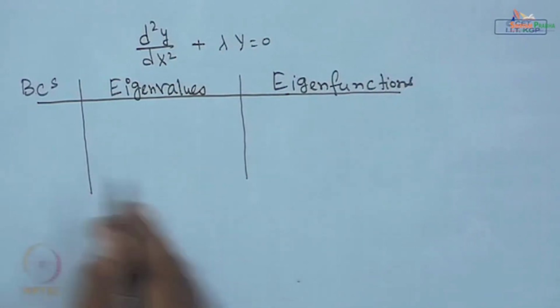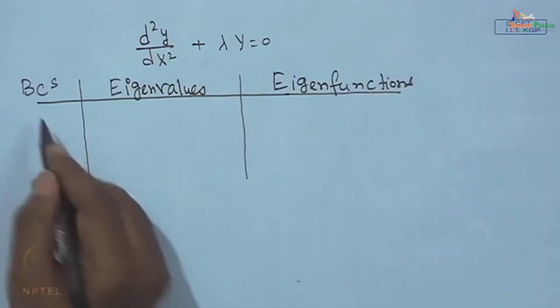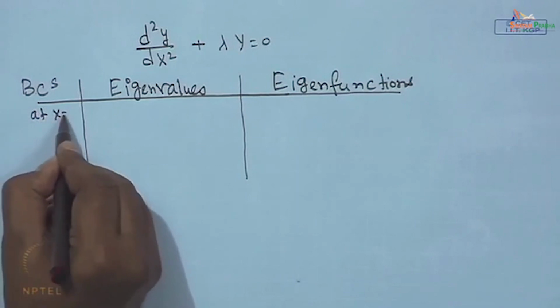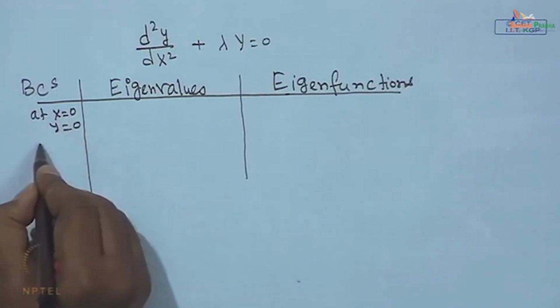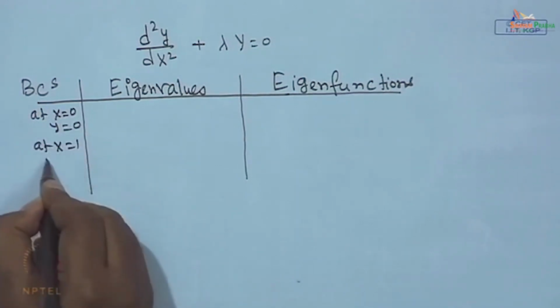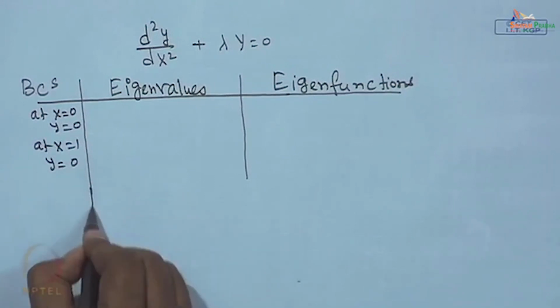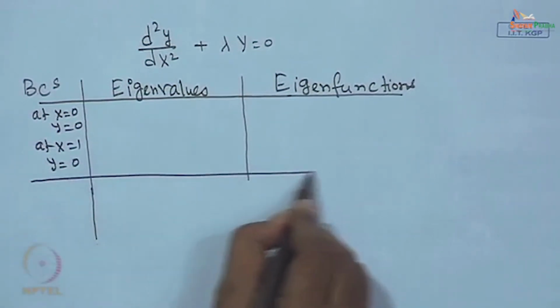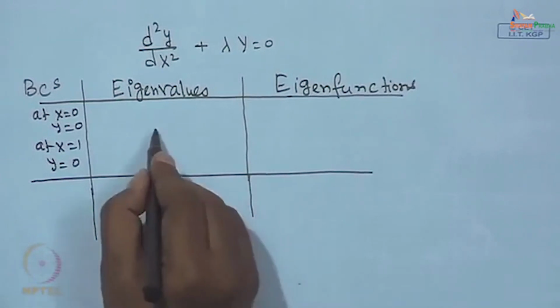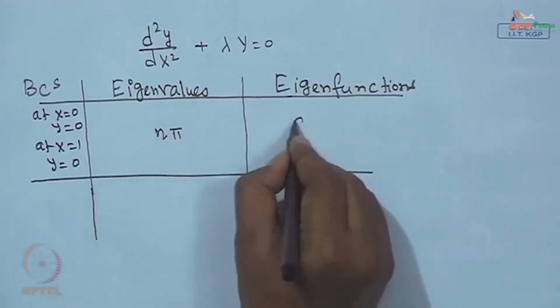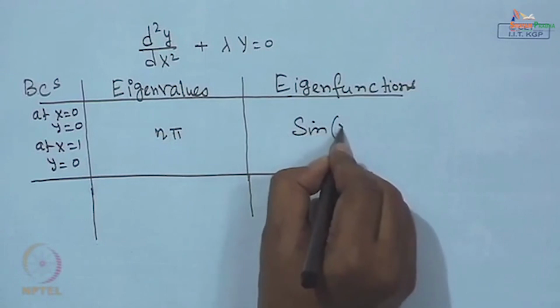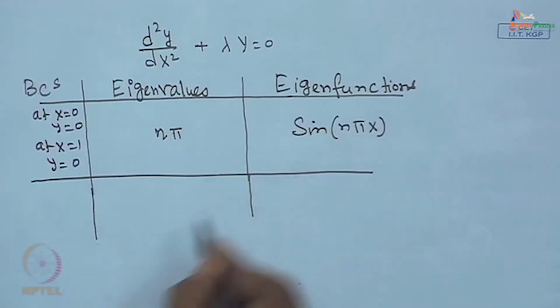The first boundary condition is that at x is equal to 0, y is equal to 0, and at x is equal to 1, y is equal to 0. With this we got the eigenvalues as n pi and the corresponding eigenfunctions are sine functions, sin n pi x.